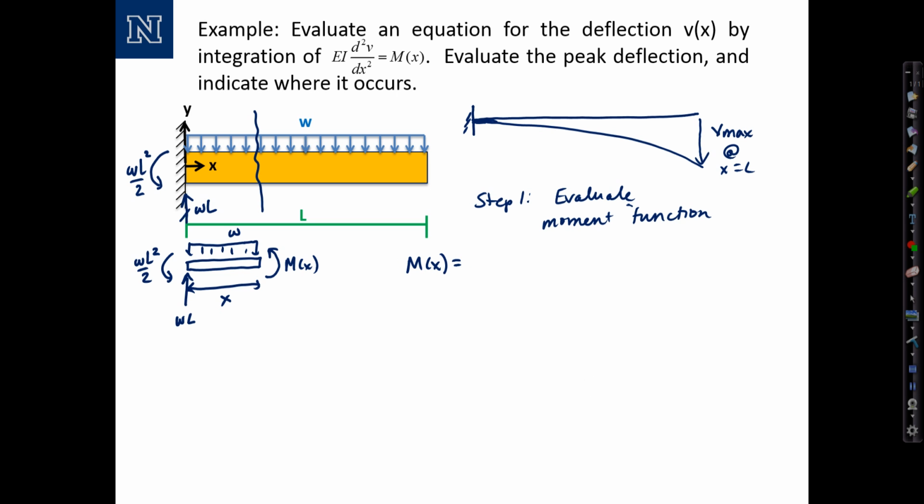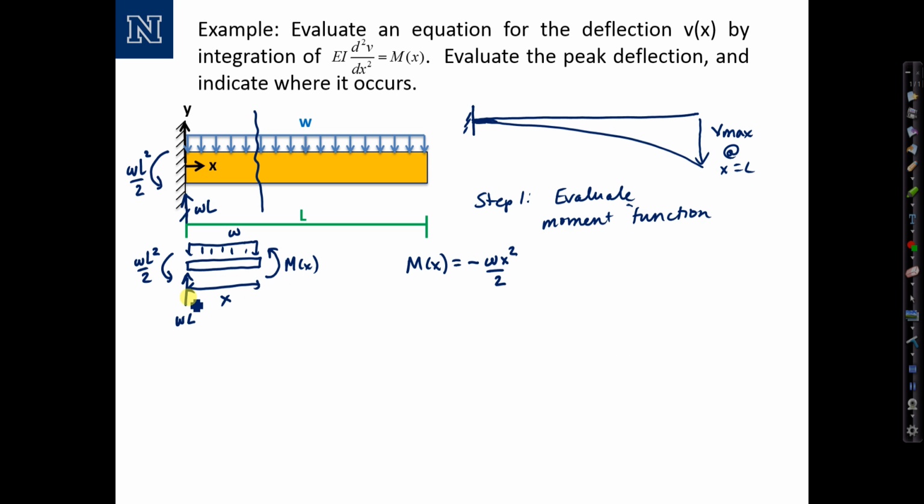Okay, now summing moments at the cut, I have M of x equals, and I'm going to write the terms in order from the highest order down to the lowest order. So I'm going to start with the distributed load. The moment due to this distributed load is acting in the same direction as M of x, so I'm going to negate the sign. It's wx squared over 2. Just taking a little shortcut here.